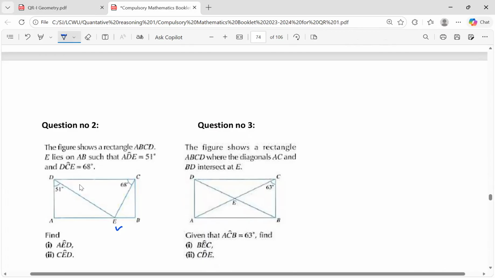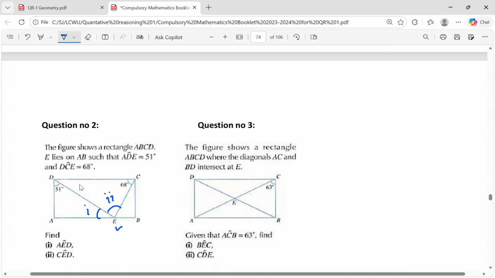This is just like the first part, and I hope that you can do it. You need to find angle AED in the first part, and angle CED in the second part.